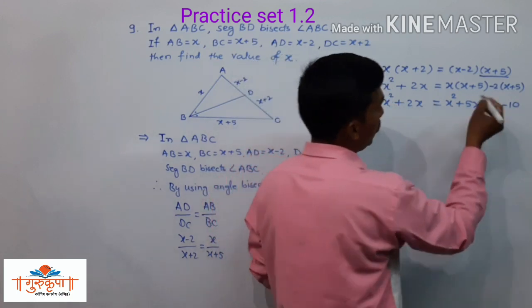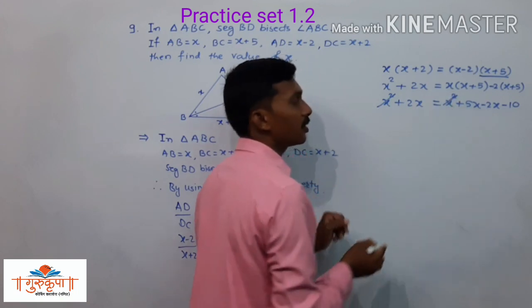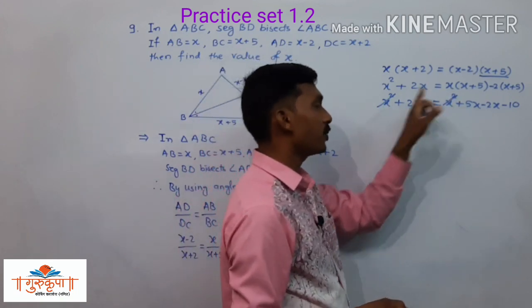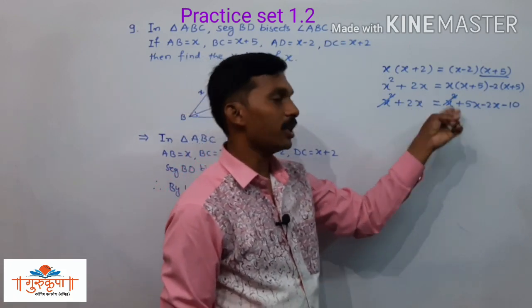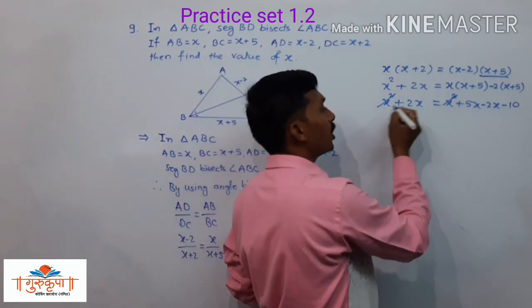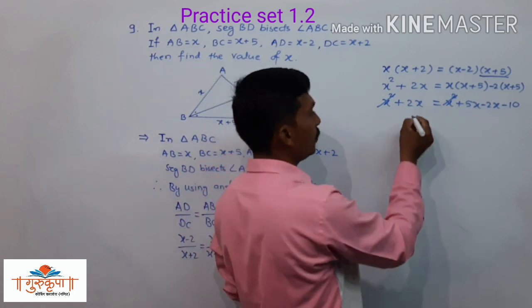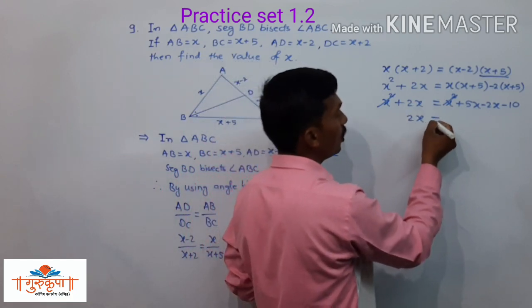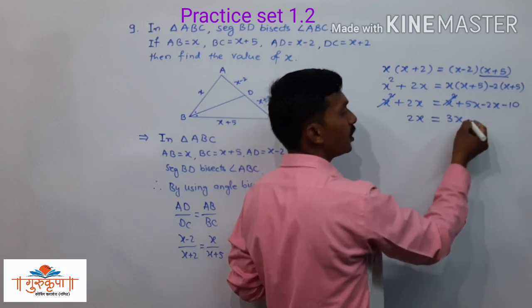Now simplify this again. Here x square gets cancelled. If we transfer this x square to the right side, we will get minus x square, and x square minus x square is 0. So we cancel these two terms from both the sides, that is x square gets cancelled. We have 2x here, it is equal to 5x minus 2x, that is 3x. This is minus 10 as it is.